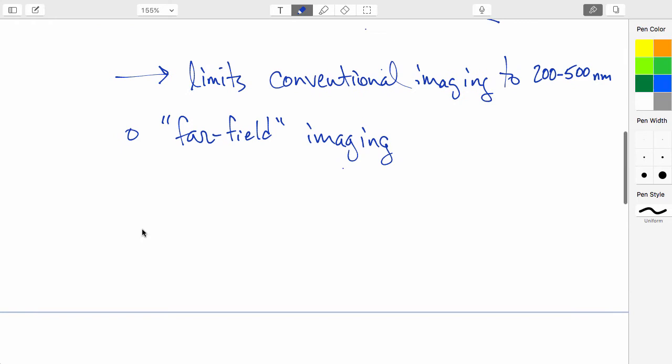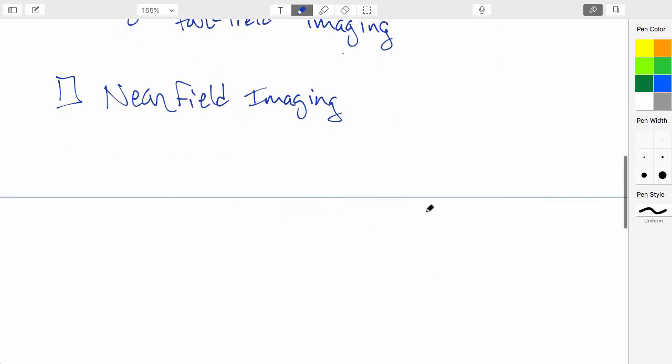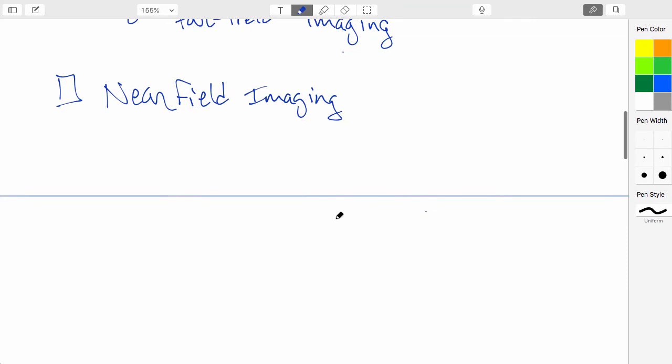All right, so let's contrast that with near-field imaging. I'm just going to outline it quickly here, and then I'll let you watch another, better produced video about near-field imaging.